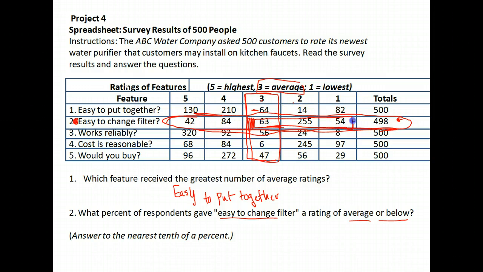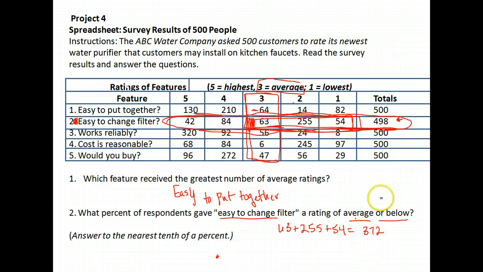These responses here were average or below for easy to change filter. Let's find the total. There were 63, 255 that rated it a 2, and 54 that rated it as a 1. That gives me 370 people rated it as average or below.